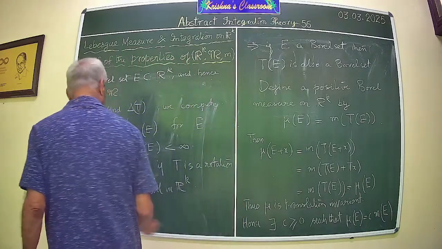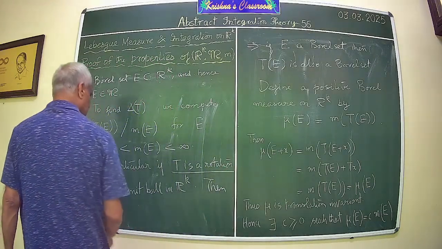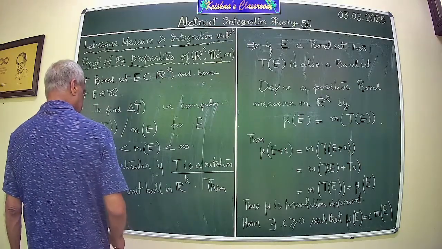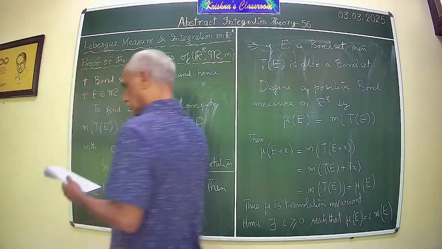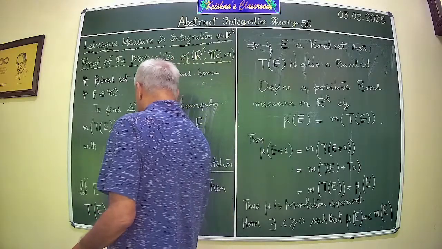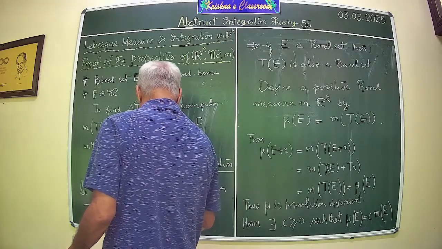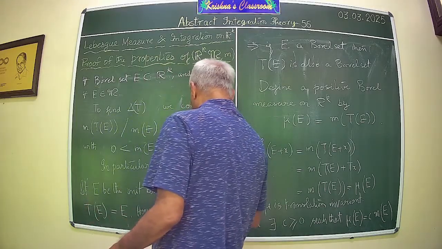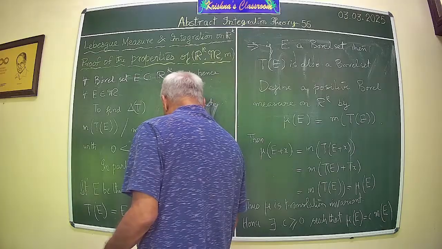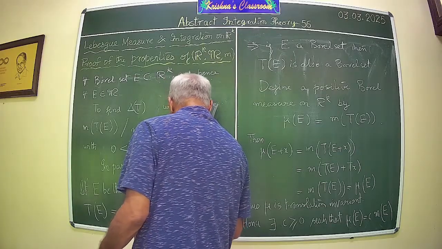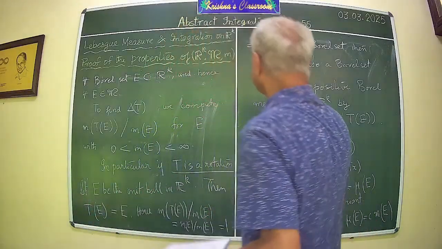T is a rotation, so T of the ball is again the unit ball, hence the measure of T of E is equal to the measure of E, that is delta T is equal to 1.